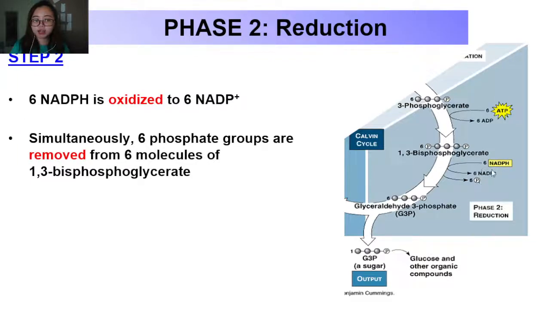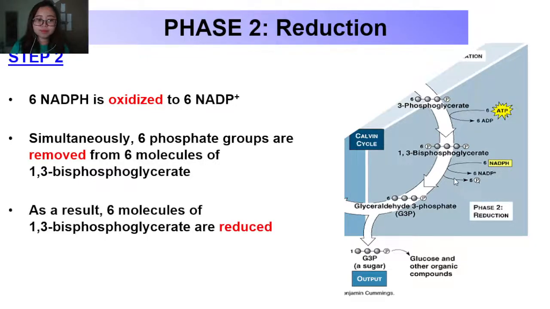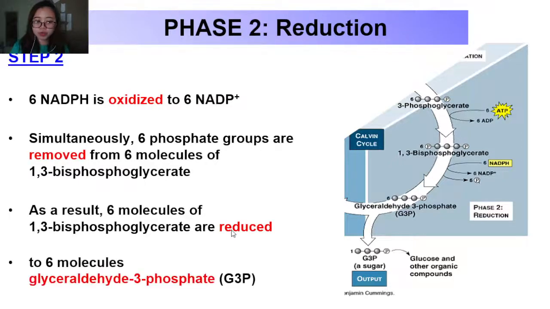So sekarang elektron daripada sini akan masuk. The 6 phosphate groups will be removed from the 6 molecules of 1,3-bisphosphoglycerate. So phosphate keluar, elektron masuk. As a result, 6 molecules of 1,3-bisphosphoglycerate are reduced, and they become 6 molecules of glyceraldehyde 3-phosphate.